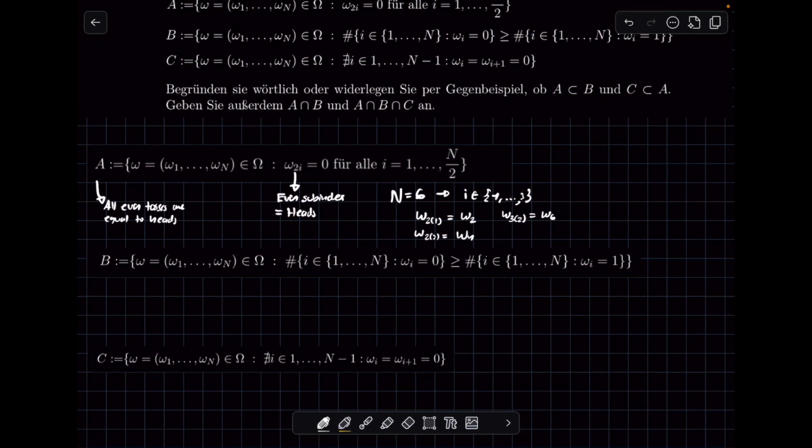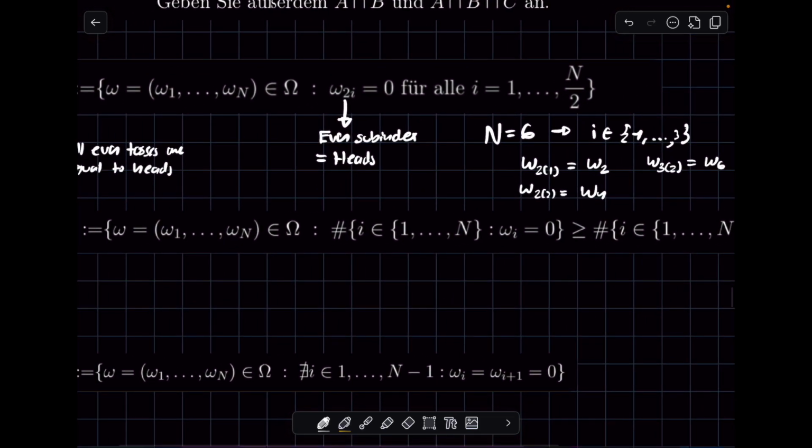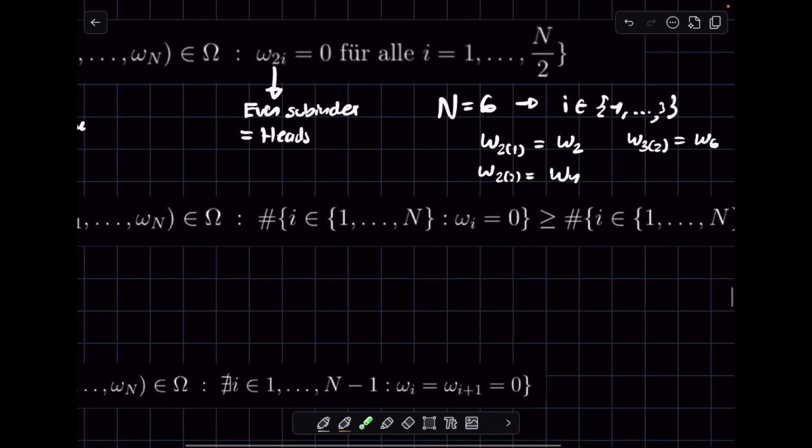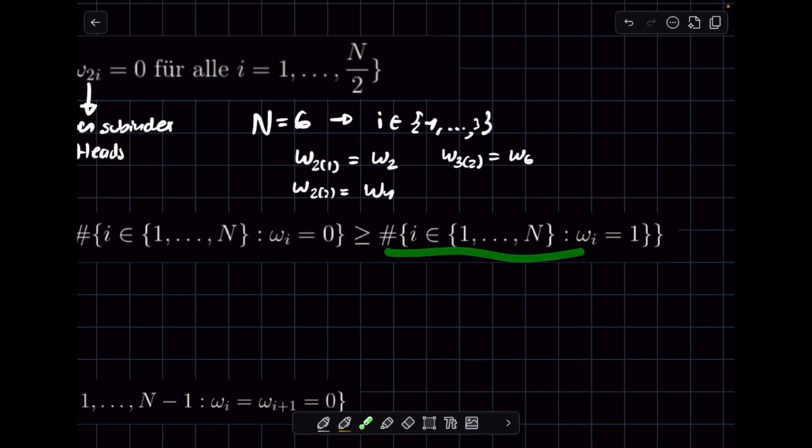The next case, let's read it. Again, same thing, doesn't matter all the tosses. We can ignore that. And it says here that this is a cardinality, meaning the size of whatever set we have. The size of the set for which we have indexes from i to n, where omega sub-index i is equal to 0, is greater than or equal to the same thing, but for 1.